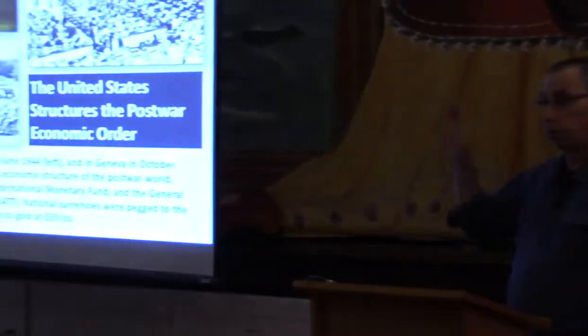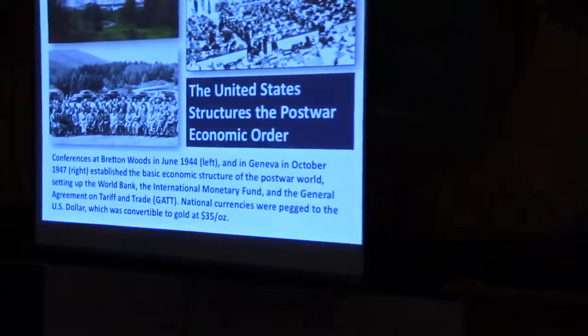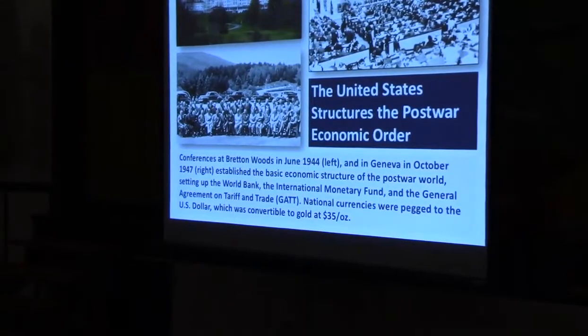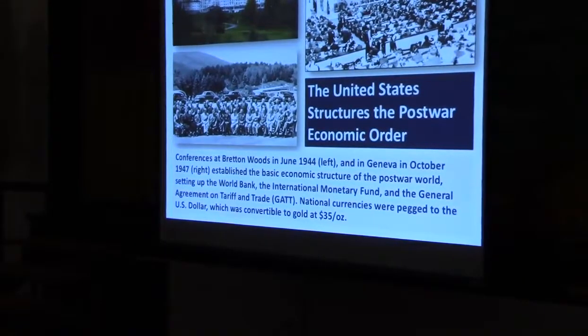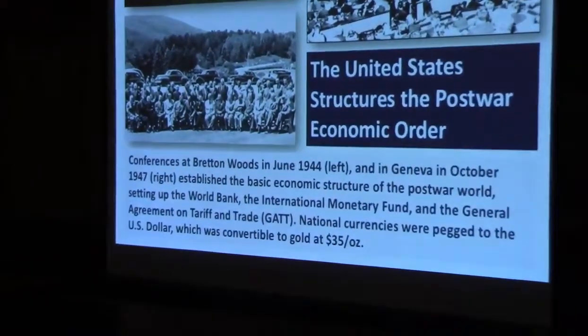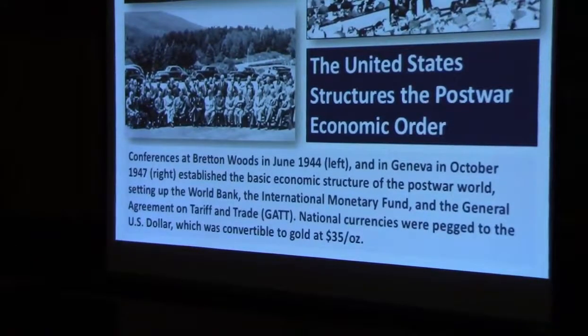Bretton Woods, I'm sure many of you have been there, in the ski resort now in New Hampshire, the site of the major World Economic Conference that takes place in 1944, June 1944. So even before the war is actually won, the United States already essentially prescribes what the economic structure of the post-war world is going to be.